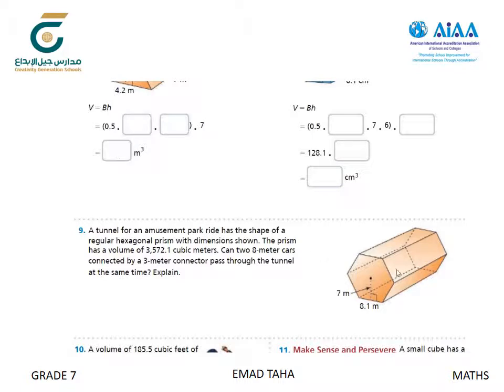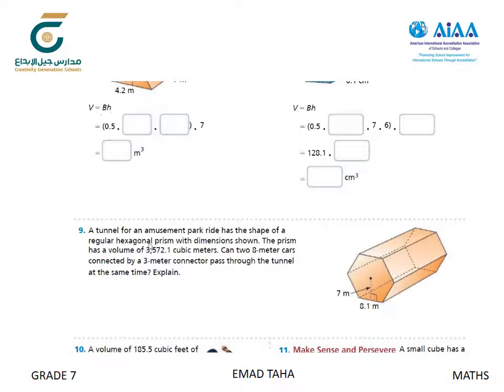Okay, what is the area of the base here? The base is a hexagon, the area equals half times 8.1 times 7, this is the area of a triangle, times 6. So the area will be 107.1. Okay, now we have the area and we have the volume and want to find the height.